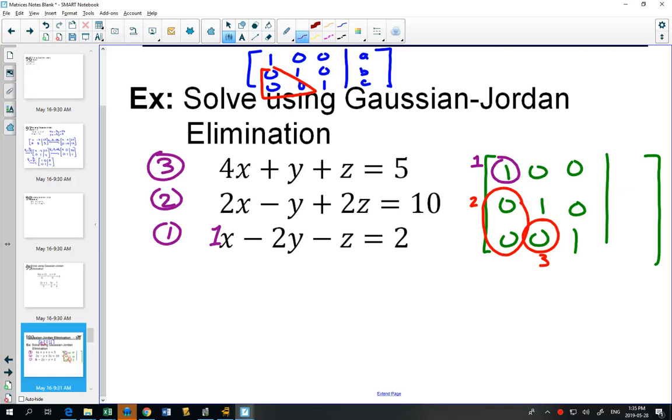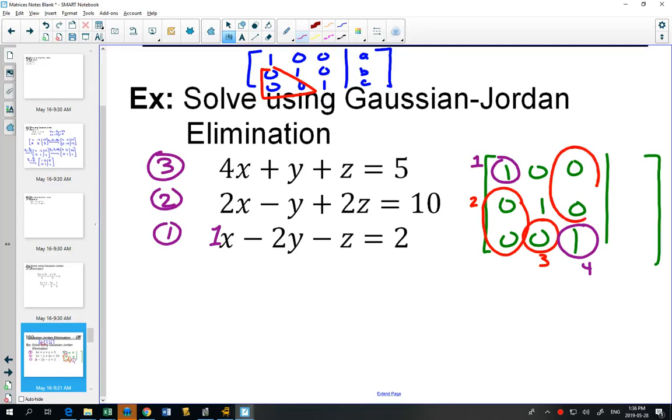Once you've done that, this is easy to make a 1. So in the same way that we wanted to get a 1 in the top left-hand corner, after we get the zeros, we want to get a 1 in the bottom right-hand corner, because that will allow us to do the same thing working upwards.